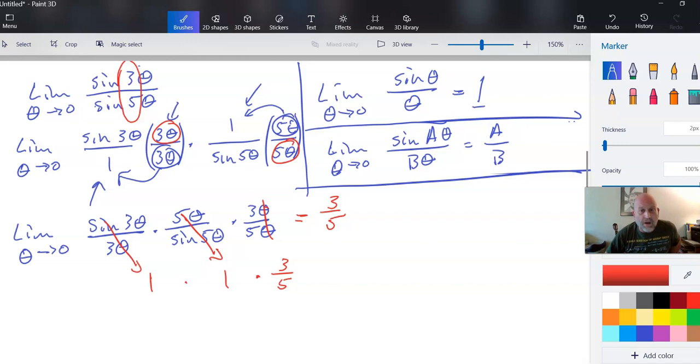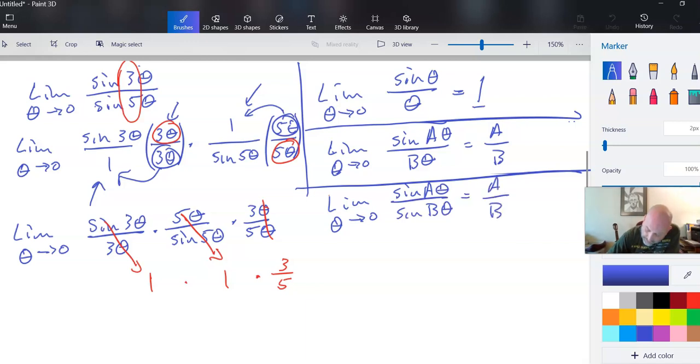Now, it actually turns out that this is a more general result, just like the last two. It turns out that the limit as theta approaches 0 of sine a theta over sine b theta is equal to a over b.